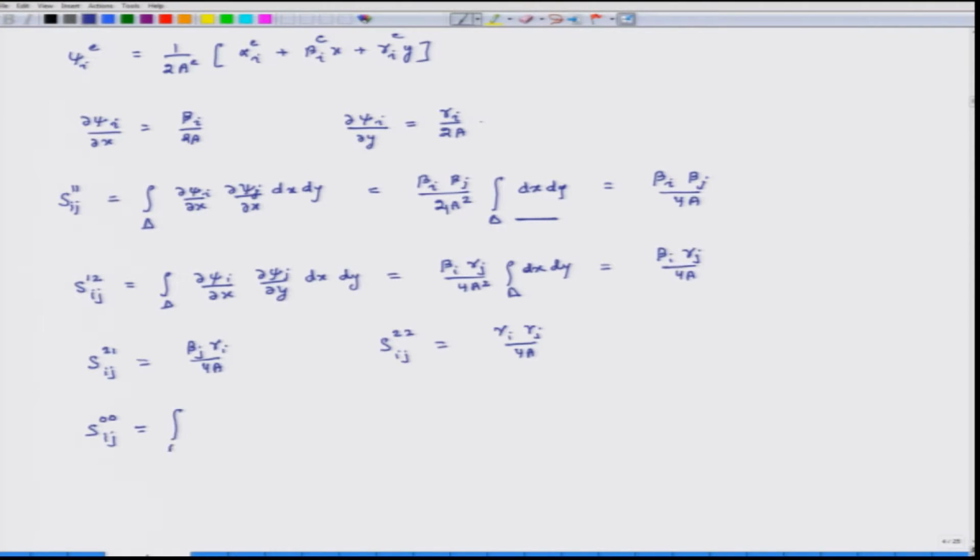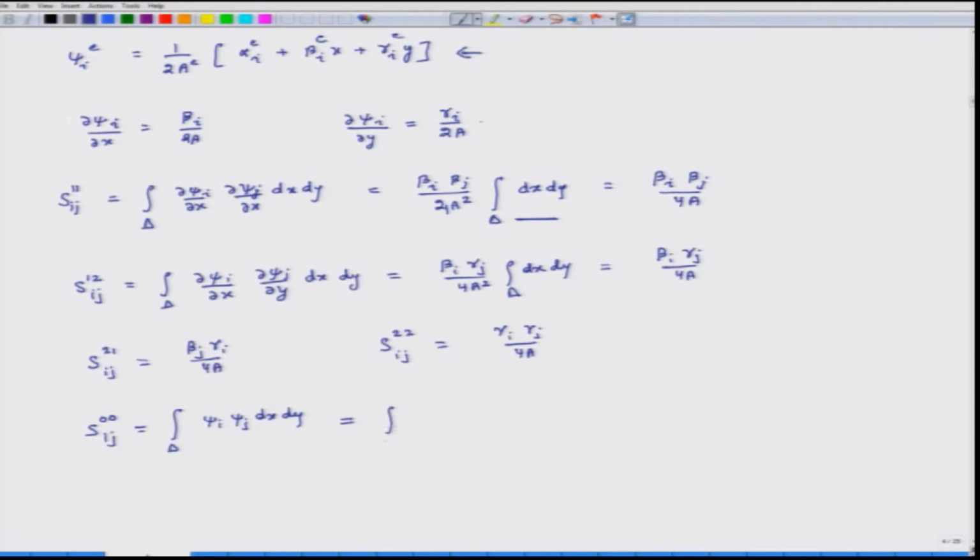S00 equals the integral over the triangular domain of psi I psi j dx dy. So, 0 implies there is no differentiation. What is psi I? We can get the expression for psi I from this relation.